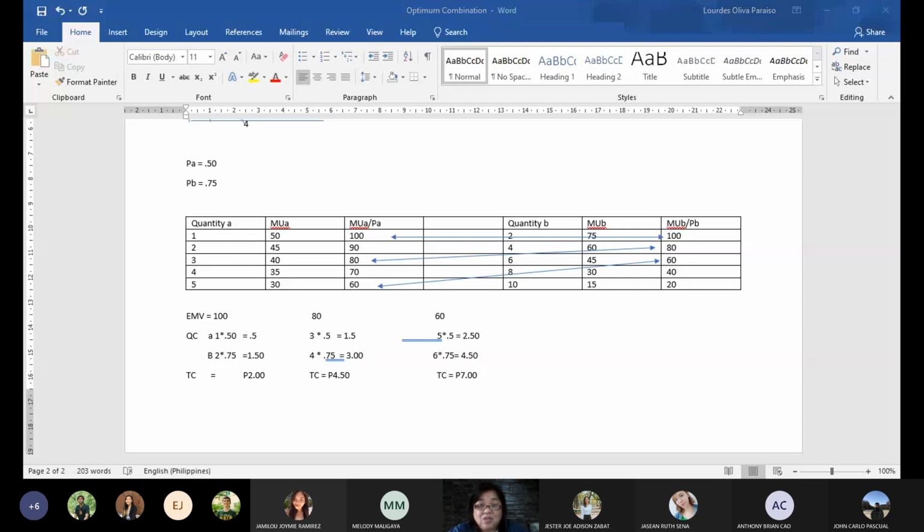Di ba may 80 as your equimarginal value, meron pa kayong 60. O alin ba ang mataas ang satisfaction level sa kanila? Di ba yung 100? Magkano ba ang total cost ng 100? Di ba 2 pesos lang? So you know now how that one works?